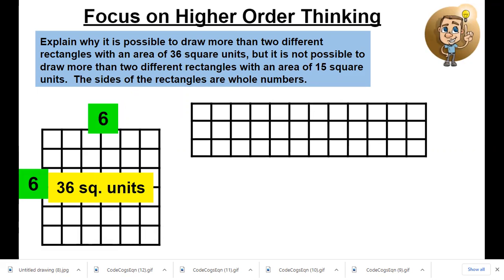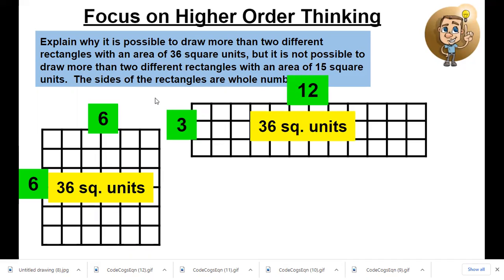This rectangle here, what is the length? Length is across. 1, 2, 3, 4, 5, 6, 7, 8, 9, 10, 11, 12. What's it up and down? 1, 2, 3. Length times the width, 3 times 12, is 36 square units. So that's another type of rectangle. That's a different rectangle from this one, but they're both 36 square units in size.